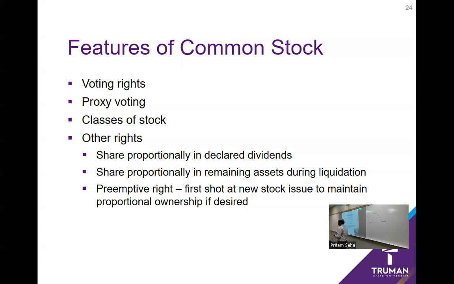Sometimes corporations want to issue different classes of stock. The motivation is they will sell Class B maybe to people whom they want to have more voting rights, to have better control of the corporation. That's the only thing.